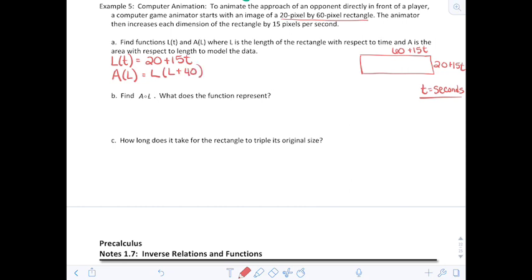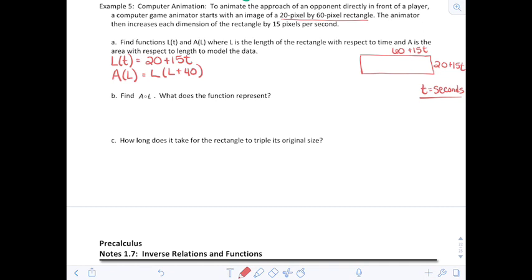And that's going to stay constant even as time goes on because they're going to increase at the same rate. So there will always be 40 as a difference between the length and the width. So length times width gives us area. And when we're basing it on just the length, that is how they differed originally by 40. Okay. All right, so there's what we have as far as functions.